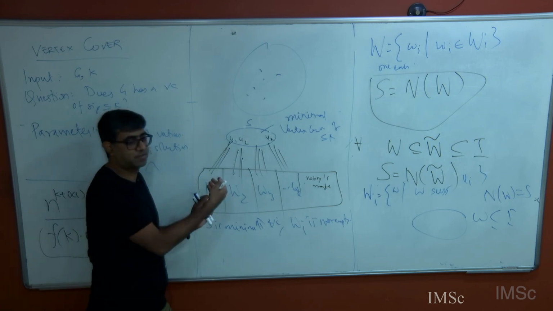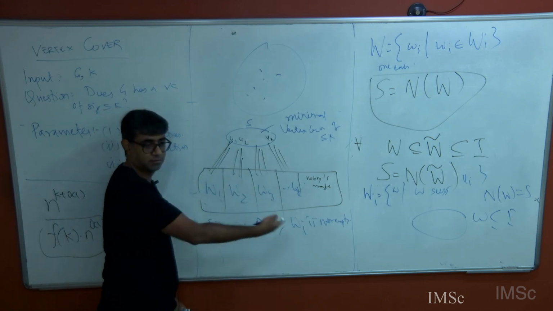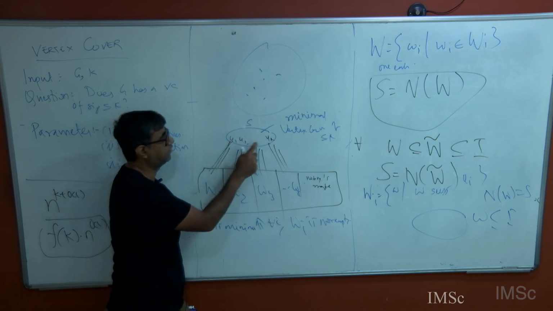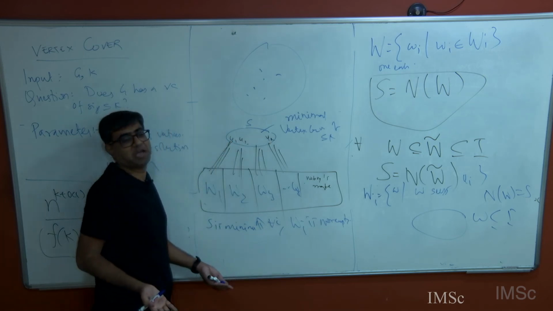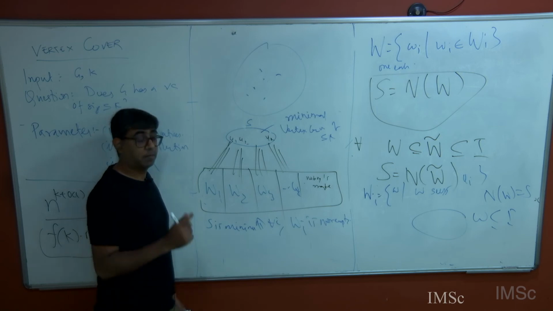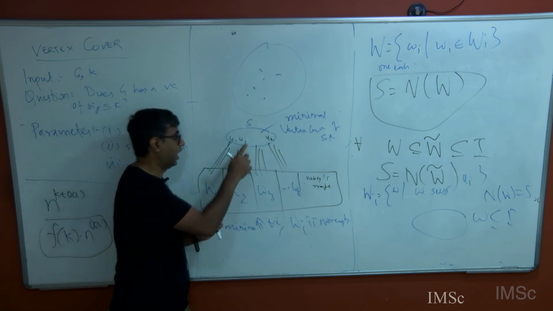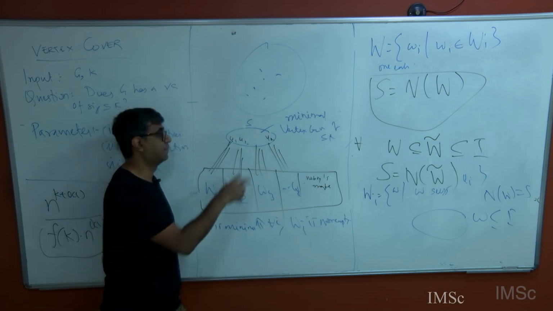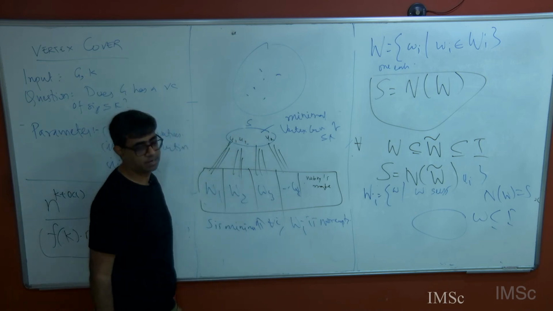So if it is covering some edge, it has some neighbors here. Pick that neighbor. So W just consists of a neighbor each of these guys. If they collide, I don't care, right? But I needed to guarantee that for every U_i, there is some guy who is below, and that is guaranteed by the fact that S is a minimal vertex cover. That's all that I'm saying.